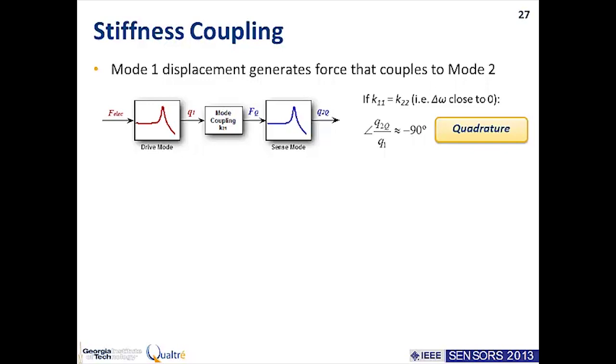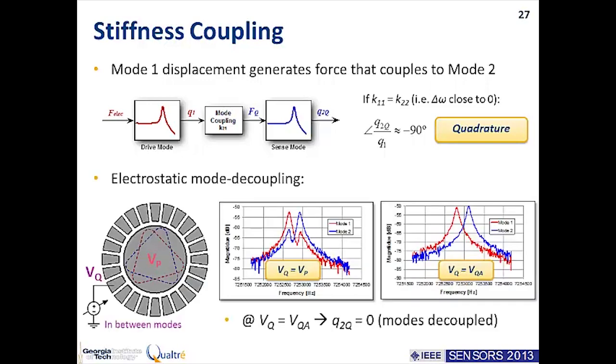And if you look at the condition where your gyro is almost close to a mode match condition, what you see is that the phase of that error signal that you're getting on your sense mode with respect to the phase of your drive displacement is actually 90 degrees off. And this is what is usually known as quadrature, because the output signal is in quadrature with your drive.